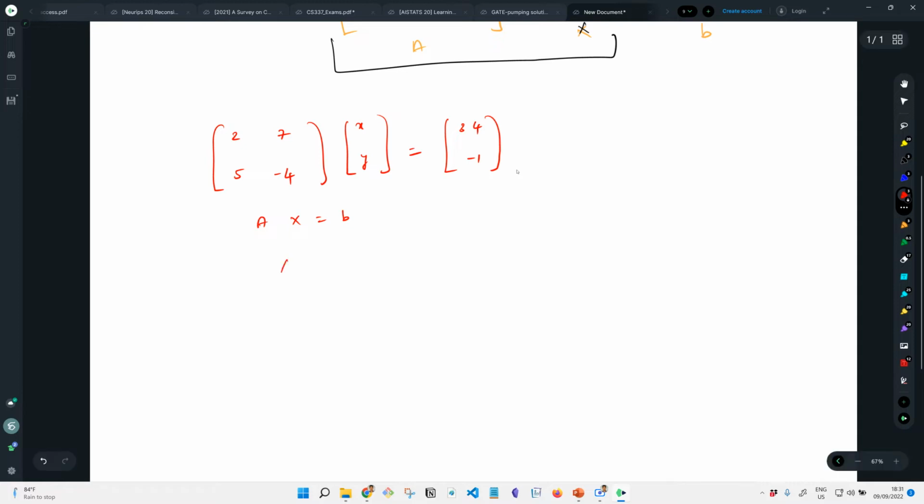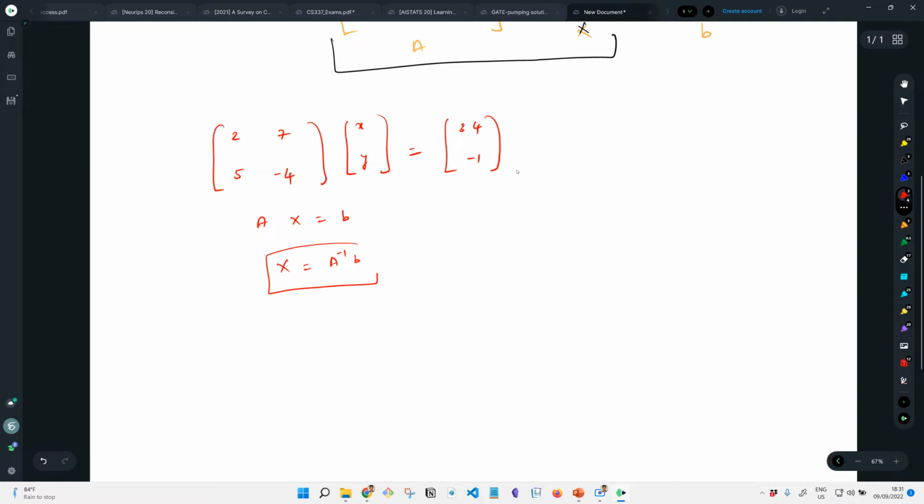Now, can somebody tell me what x will be? So to get x, what should I do? I should take A to the right hand side, right? So A inverse b. A inverse b, correct?